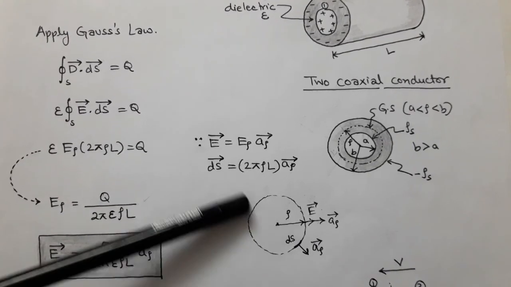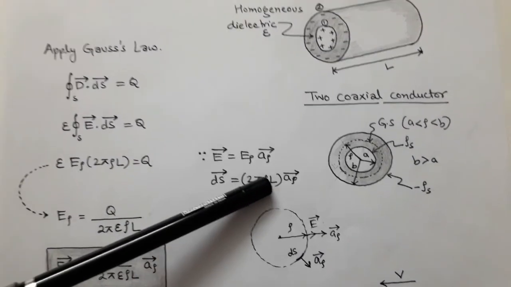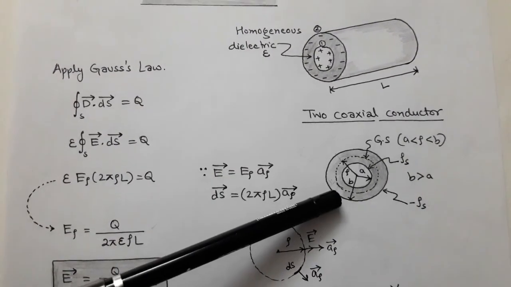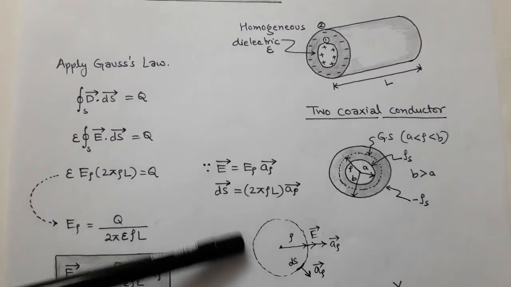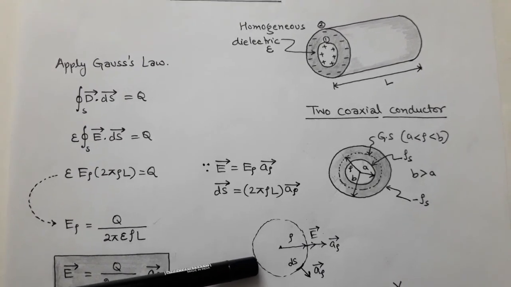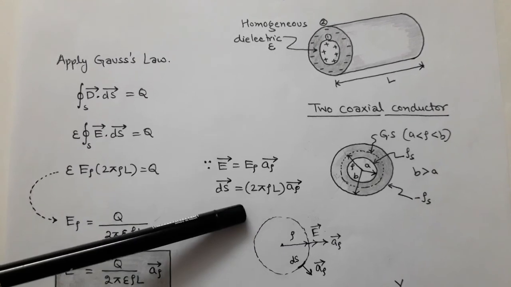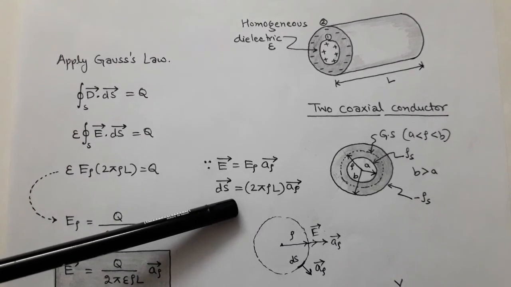Now, what is the surface area of this conductor? The surface area is 2 pi rho L, because here we consider a Gaussian surface of radius rho. Now the value of E vector and dS vector is applied in Gauss's law.